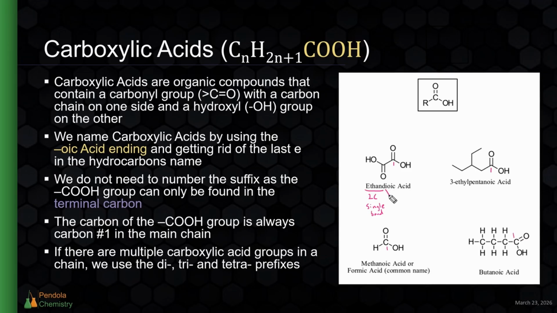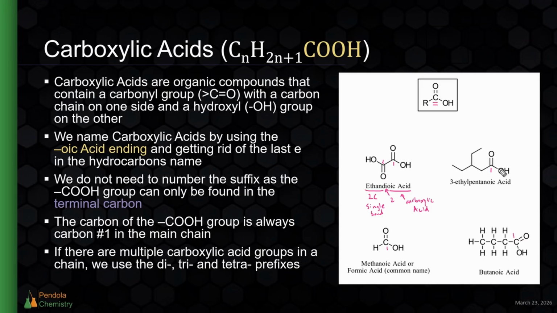And di means 2, oic acid, which is carboxylic. So dioic means 2 carboxylic acids, 2 C double bond OHs. Because each carboxylic acid has a carbon, that means ethanedioic acid is just simply COOH attached to COOH. Because we have now 2 carbons, we do not need to number the carbons because there's only 2 of them.